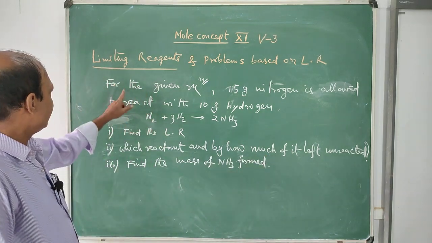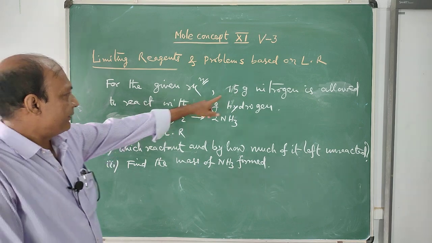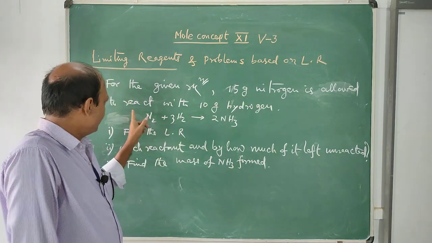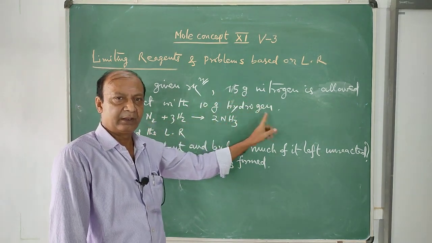So see it here, for the given reaction 15 gram nitrogen is allowed to react with 10 gram hydrogen.